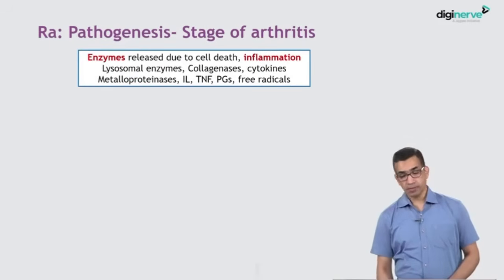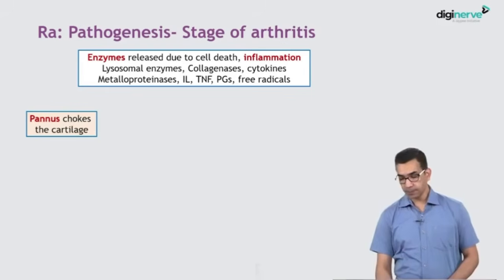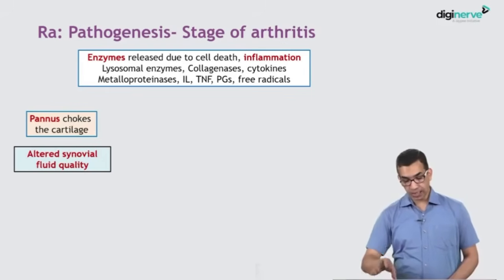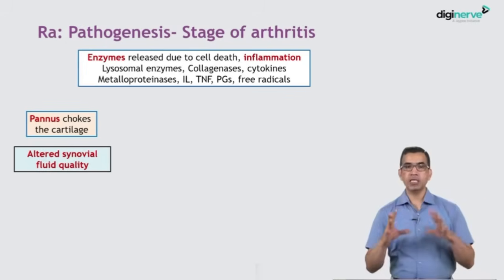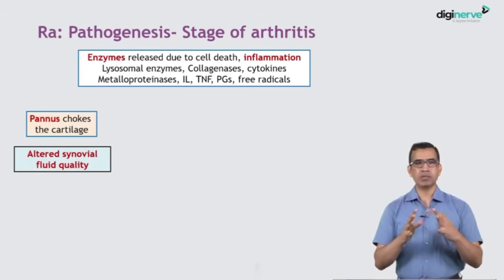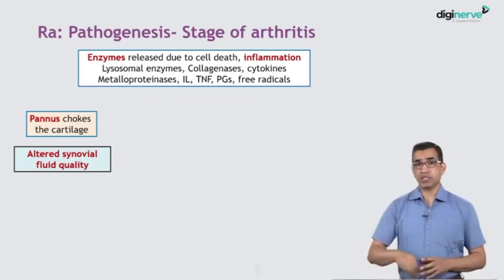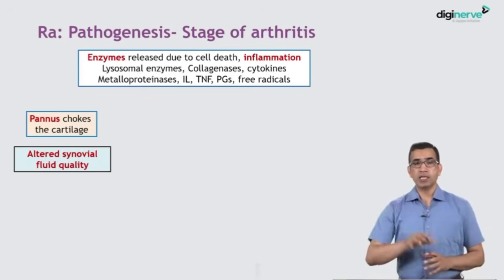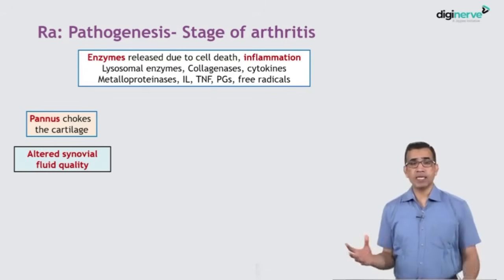Once there is a pannus, along with a lot of enzymes which are released due to cell death, the pannus is going to choke the cartilage and alter synovial fluid quality. In septic arthritis it was pus, but here it is all altered. It's all turbid and has a lot of inflammatory factors. Now, it is not the original synovial fluid which is designed to nourish the cartilage. You have a pannus sitting, you've got a lot of inflammatory factors, collagenases, lysosomal enzymes, metalloproteinases and cytokines.